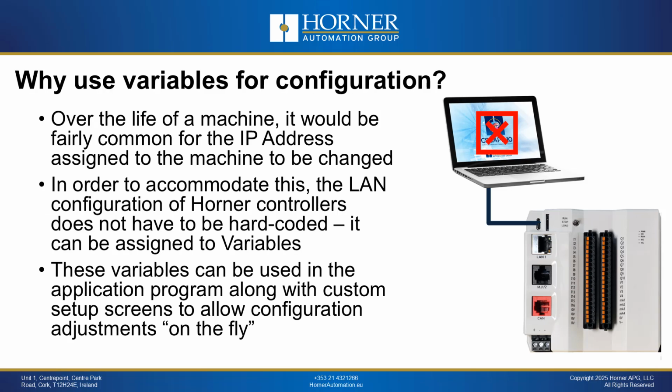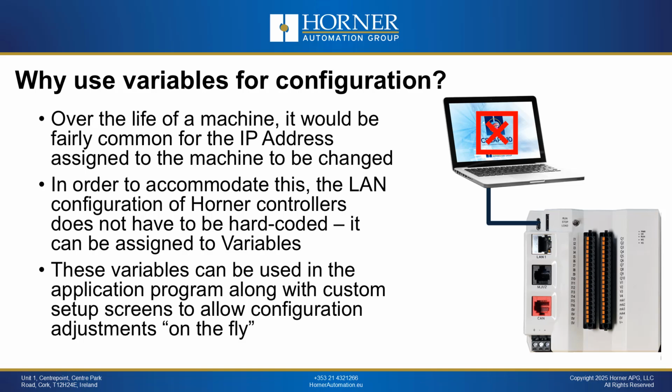Let's start with Ethernet type changes. This is a very common thing that you can change right after a machine has been deployed. So let's say the IT department does a kind of reformatting or upgrade of the factory network and your machine is sitting on your customer's factory network. Well, they would like to be able to modify the IP address, net mask, and those sort of Ethernet type parameters without making a configuration change.